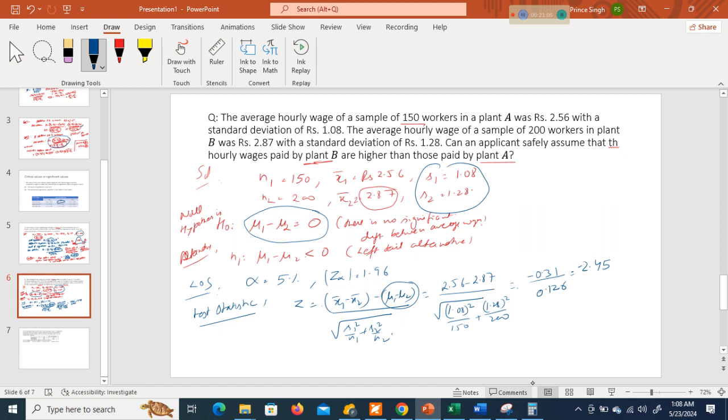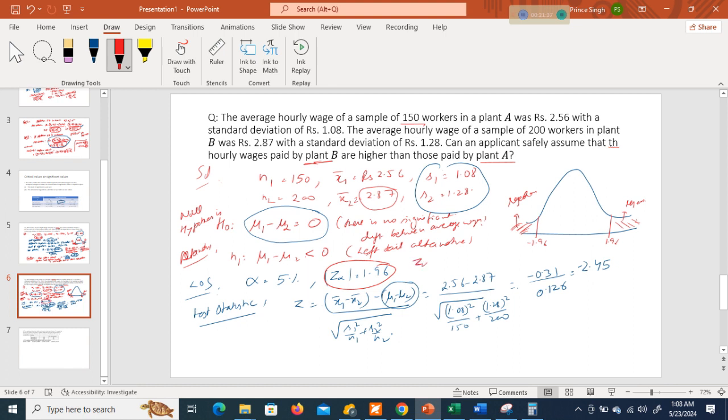Okay, so this is the normal distribution. So in this case the critical value is 1.96, so this is minus 1.96 to 1.96. So this is the left tail, this is the right tail. Two tail means that this is the region of rejection and this is the region of rejection, but here we have applied left tail test.